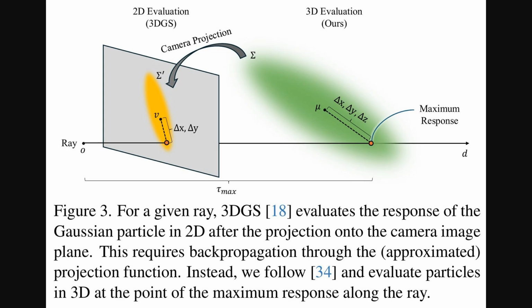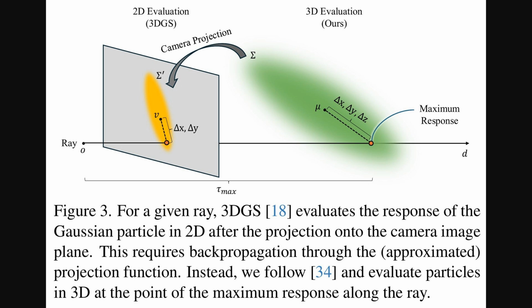Okay, so related to how these Gaussians are handled, Figure 3 shows another important difference between standard 3DGS and this new 3DGUT method. It's about where the particle's contribution is actually evaluated. Standard 3DGS, shown on the left, projects the 3D Gaussian onto the 2D image plane first, and then evaluates its effect there.